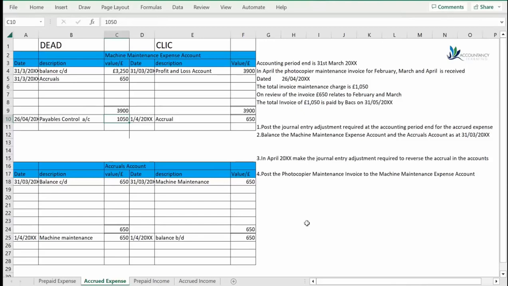So you wouldn't want to charge in April for the £650. By reversing that accrual, we've actually got the correct charge of £400 for April in that machine maintenance expense account. And that completes the accruals expense example.